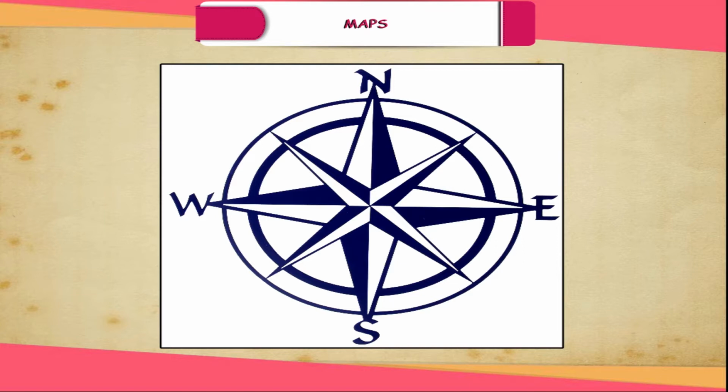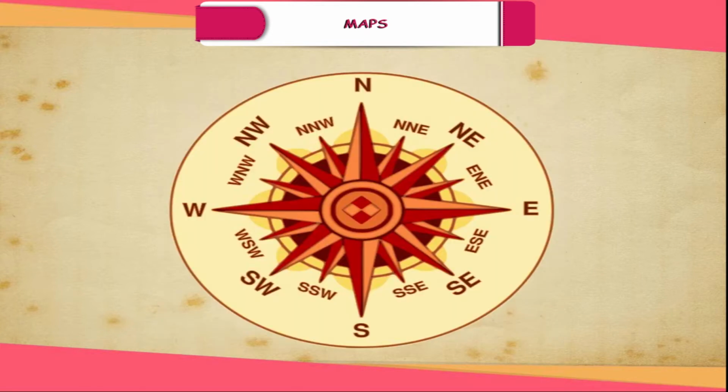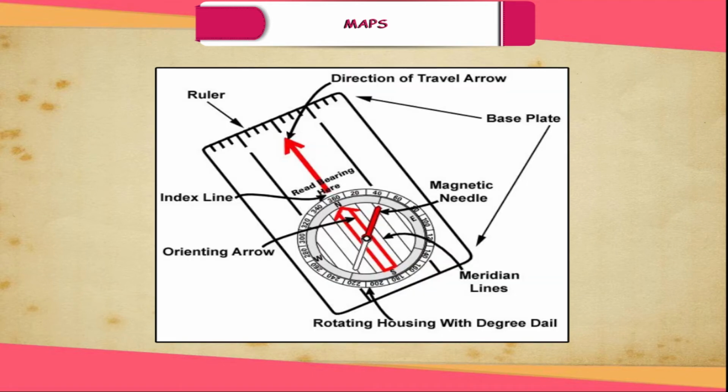Other 4 intermediate directions are northeast, NE, southeast, SE, southwest, SW, and northwest, NW. We can locate any place more accurately with the help of these intermediate directions.